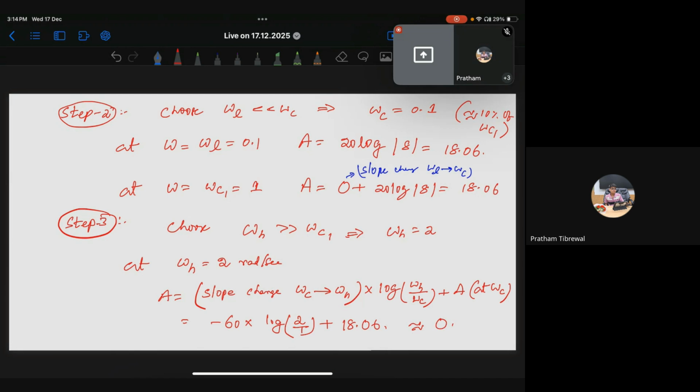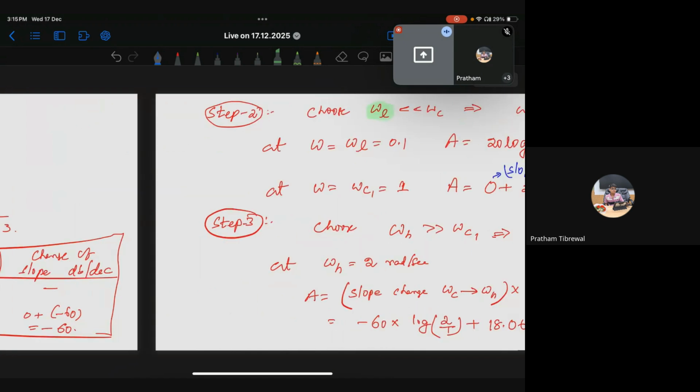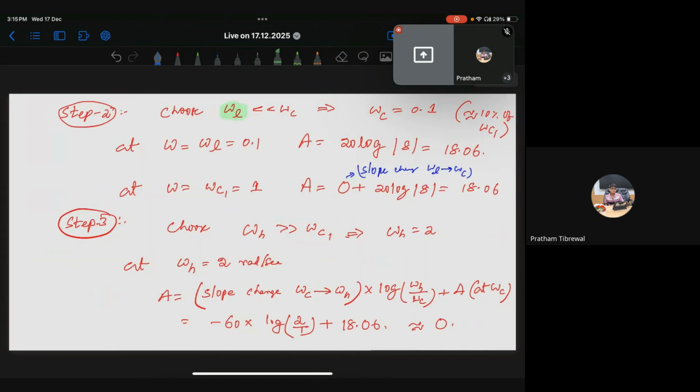Now you can see you have three values: omega L, omega c1 and omega H. So you can plot the Bode plot now.